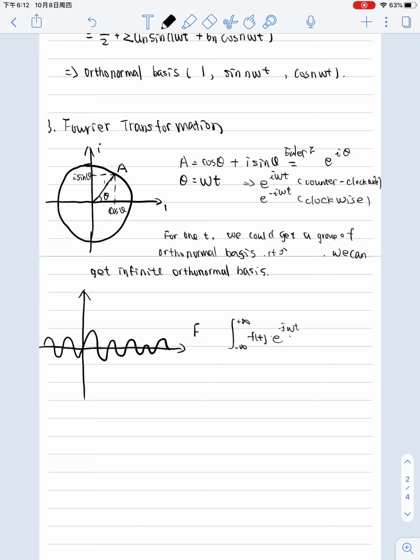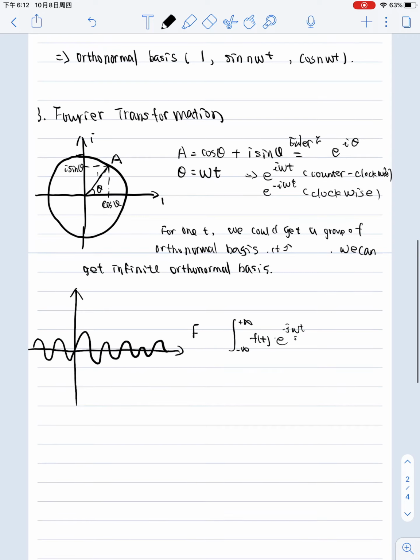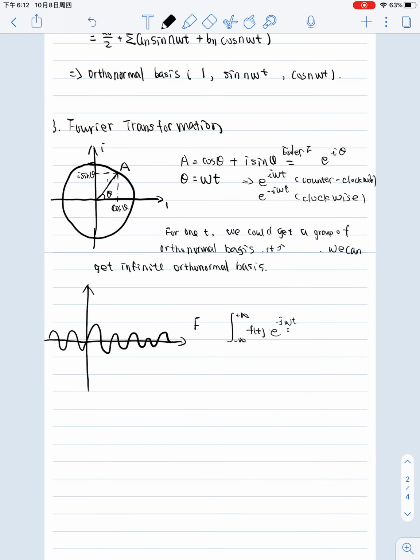If we use this, we will test in every t in this domain.